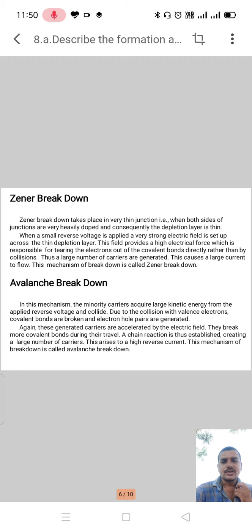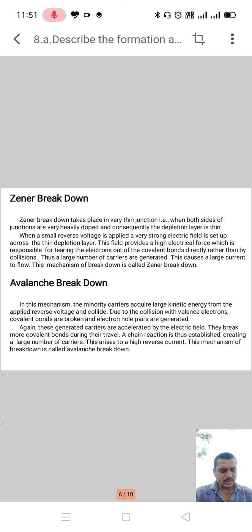A chain reaction is thus established, creating a large number of carriers. This gives rise to a high reverse current. This mechanism of breakdown is called avalanche breakdown.